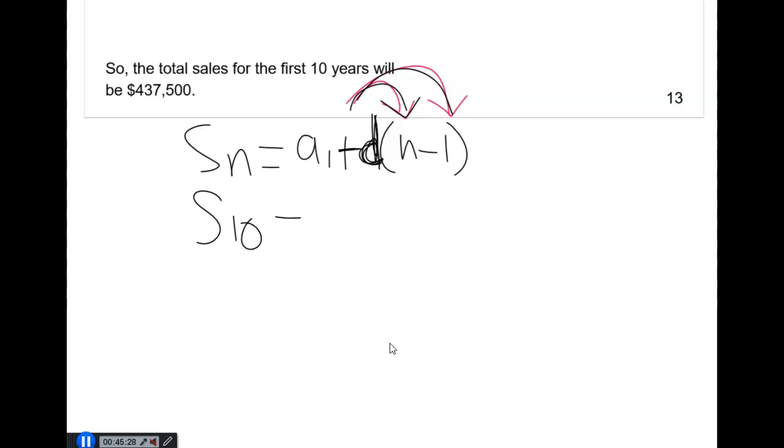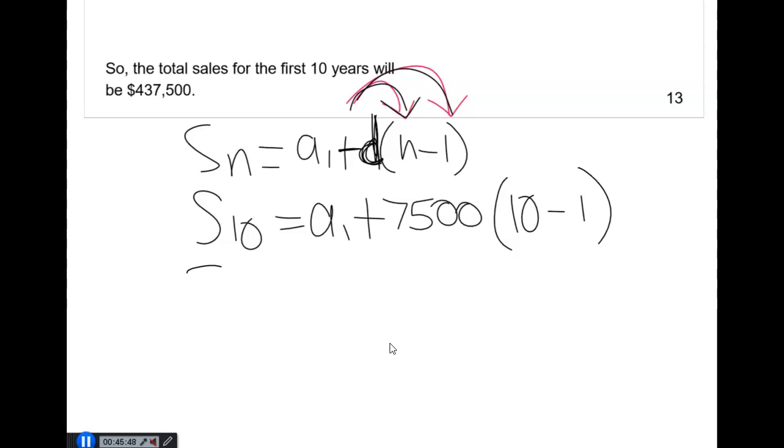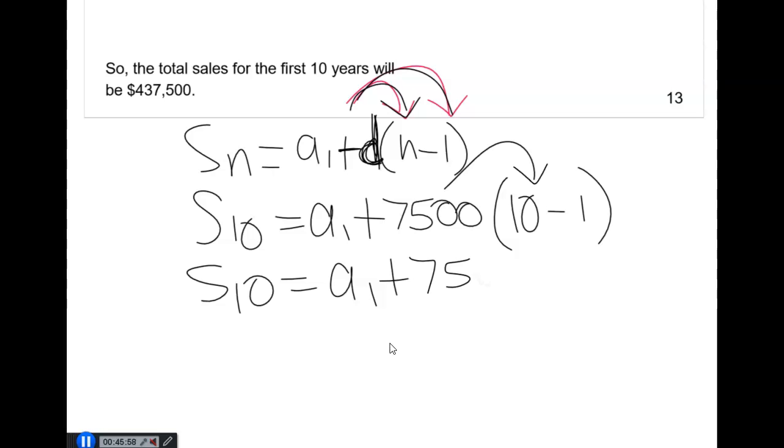So I believe they did something like this. The difference was already 7,500. And then we knew somehow that here we needed N, which is 10, minus 1. So then S sub 10 was going to be A sub 1 plus this number times this one, minus that.